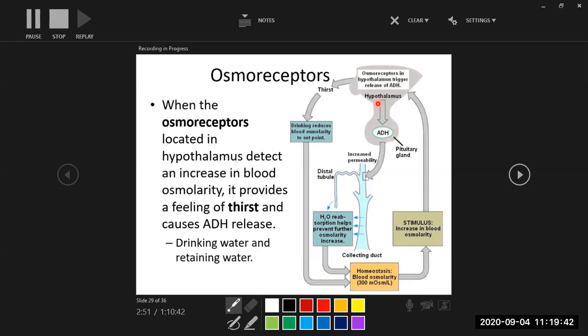The osmoreceptor will continue to send signals to the brain saying you are thirsty, you need to drink some water. You drink it and you probably feel better in the beginning, but you didn't really solve the problem. So you drink more, and this is not good, okay?